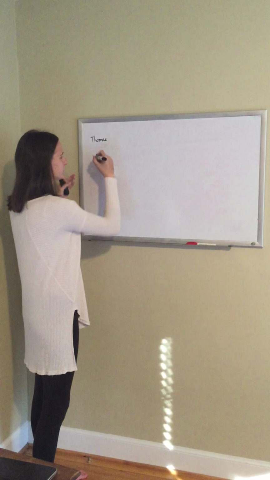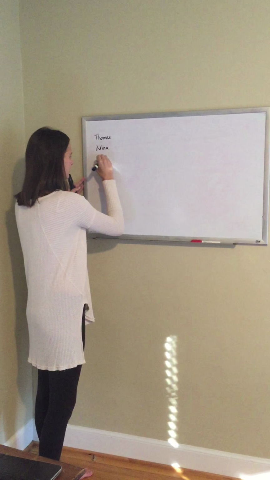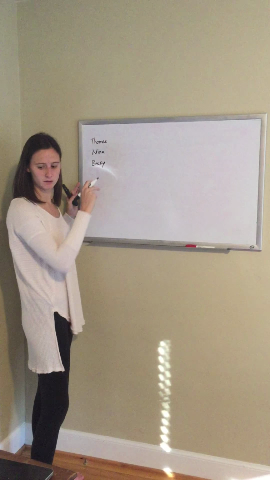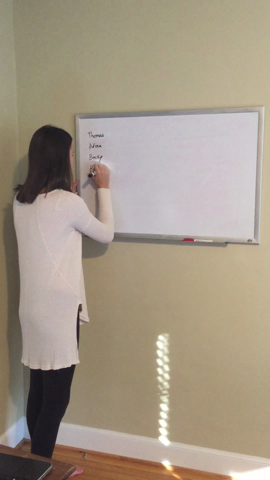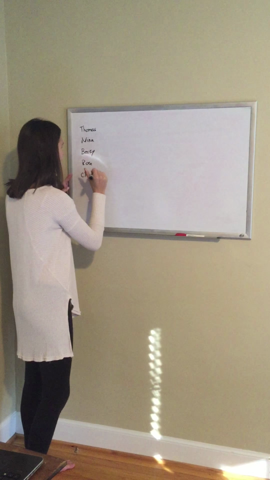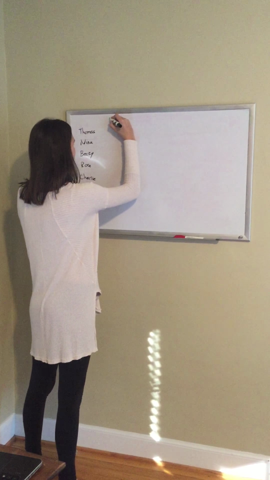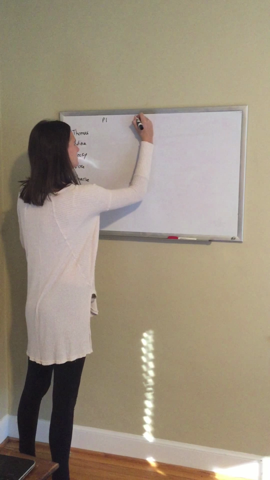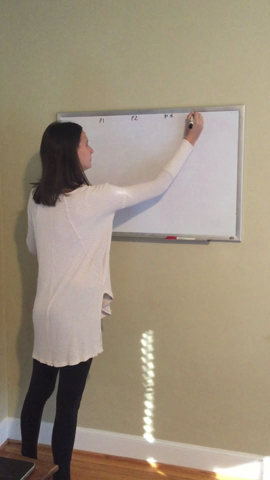So let's say Thomas, Nina, Becky, Rose, Charlie. And we're going to do this across 4 periods. So we'll say period 1, let's just make this P1, P2, P3, P4.